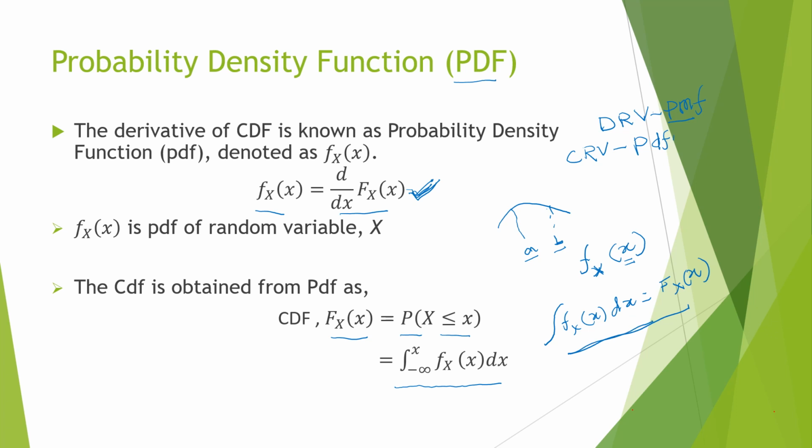One is that by differentiating the CDF we get the PDF, and by integrating the PDF between minus infinity and x we get the CDF. Both these concepts of cumulative distribution function and probability density function are very much essential to understand continuous random variables.